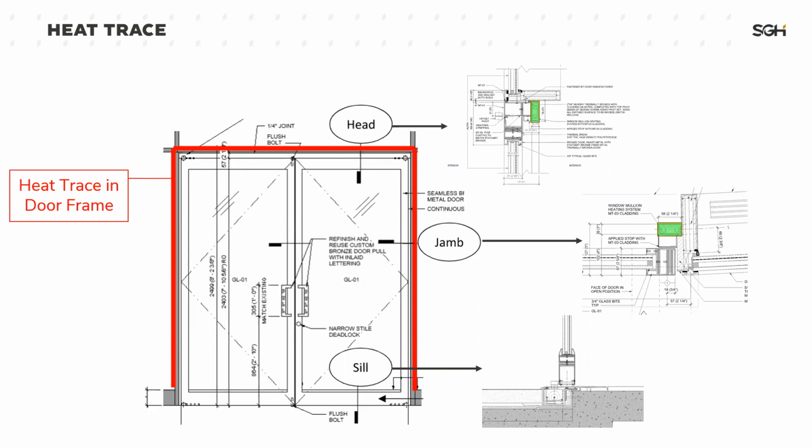You sometimes see this at roof edges where we're worried about snow and ice building up and falling on people. We'll put heat trace along the outside, or at freezing sprinkler heads, which is another project I'm working on. But basically you're just running electricity through these wires, not all the time, but seasonally when it's required. And that heats up the surrounding surfaces.